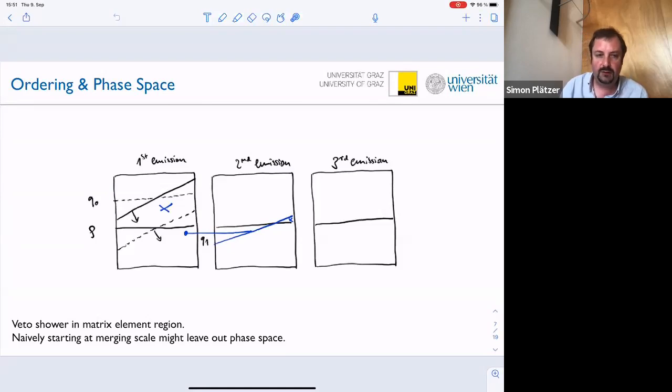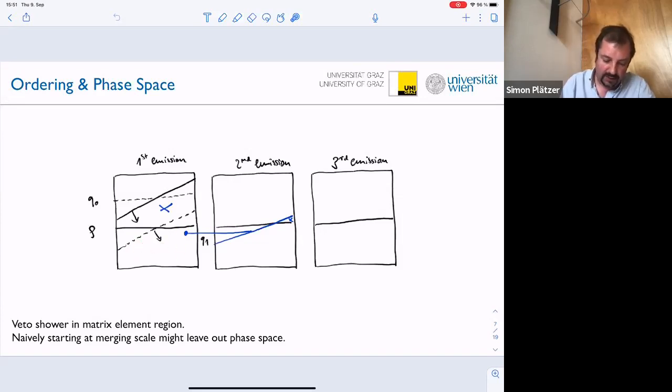Now we're supposed to veto the parton shower in the region which we would have assigned to the matrix element. So everything above that solid horizontal line belongs to the matrix element. We veto shower emissions in there, and then effectively we would populate shower emissions below this line here.